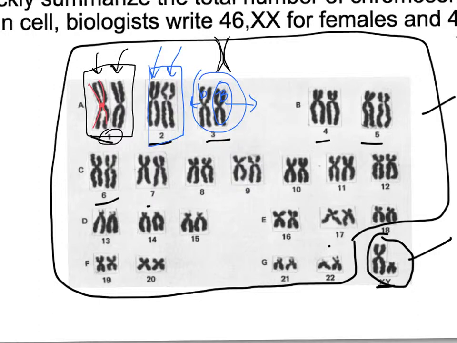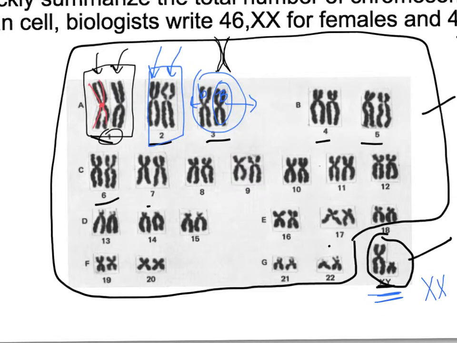The other thing that's good about karyotypes is that, one, it's going to be telling doctors and genetic counselors the sex. So they'll be able to look and say, oh, this has XY, so that's going to be a boy, and if it's XX, then they know it's a girl.